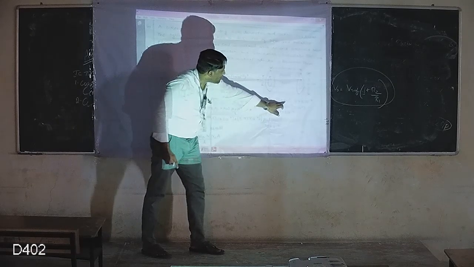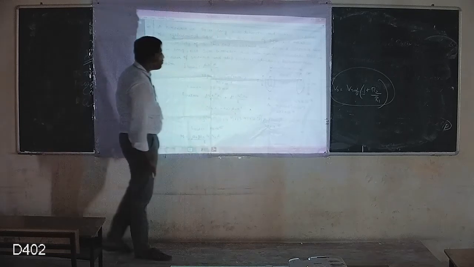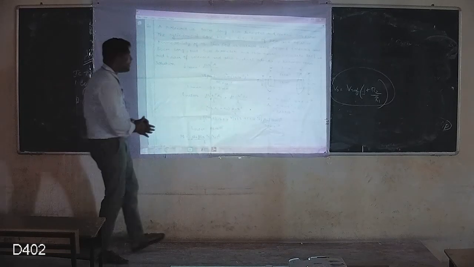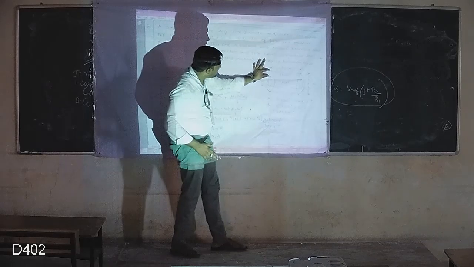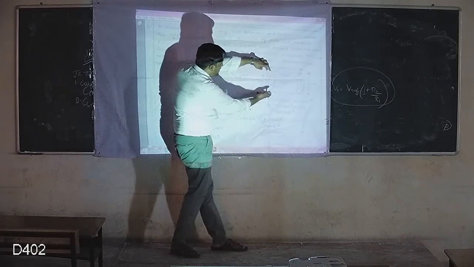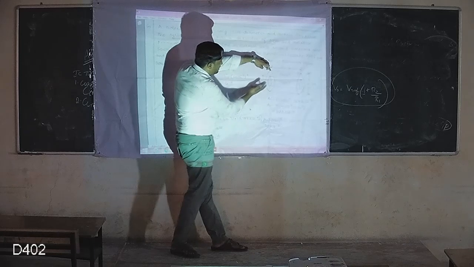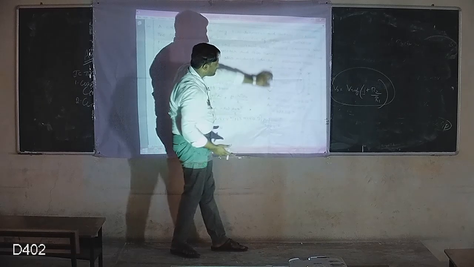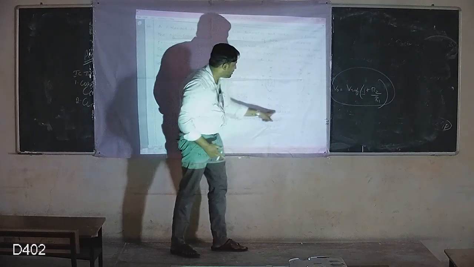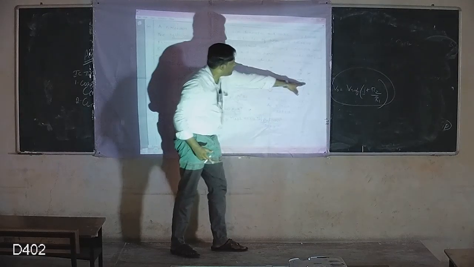So pi times 0.01 square happens to be 3.14 into 10 to the power of minus 4. For outer, we have to take the difference of the diameters, 3 minus 2 is 1, and half of that is 0.015.